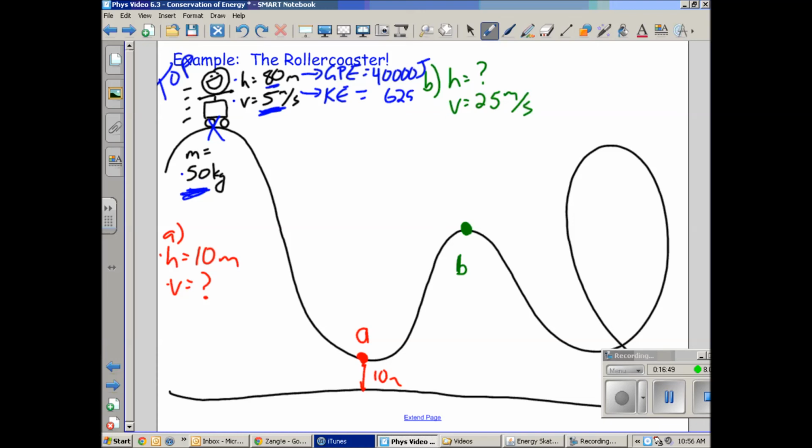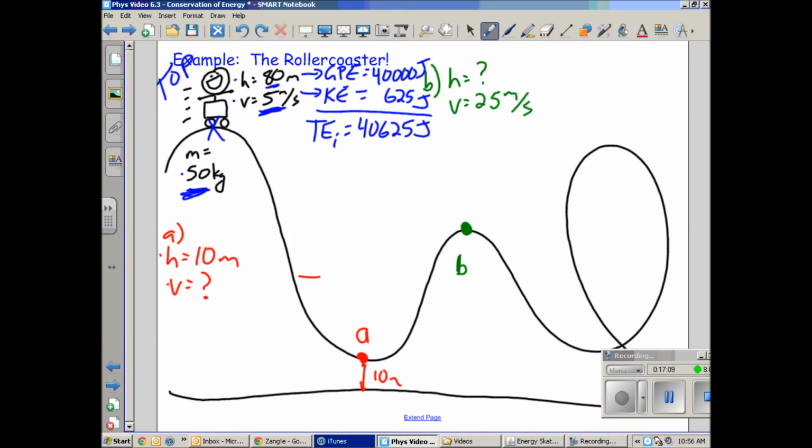Gives me 625 joules. I can add those up and get my total energy initially, which is going to be 40,625 joules.